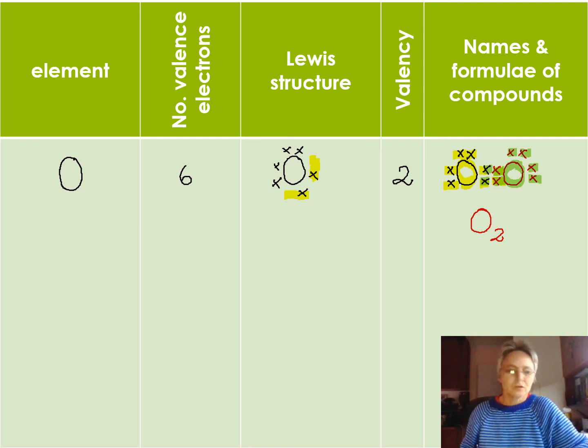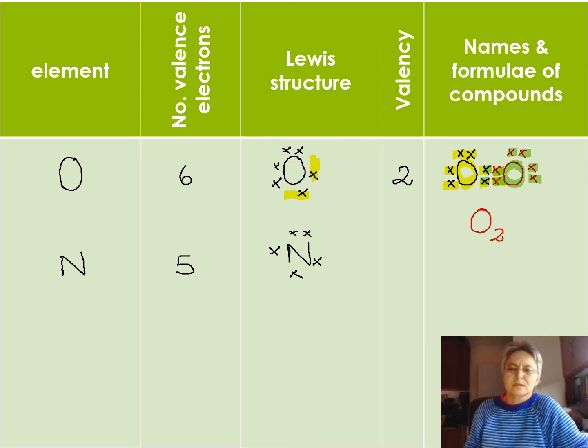I want to move to the next more complicated example, and that is nitrogen. Nitrogen is in group 15, so it's got 5 valence electrons. It's got 1 pair of electrons and 3 electrons that are alone. That means that the valency of nitrogen is 3.